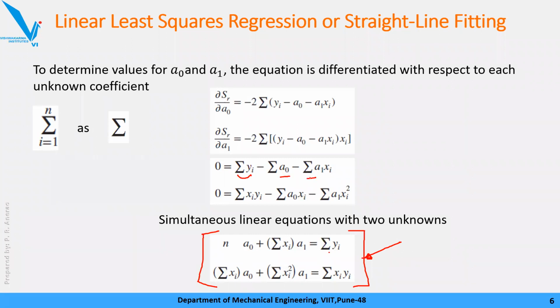Now this summation of y of i onto the right hand side, the minus term onto the left hand side becomes plus the sum of all the values of a0, but a0 is a constant.